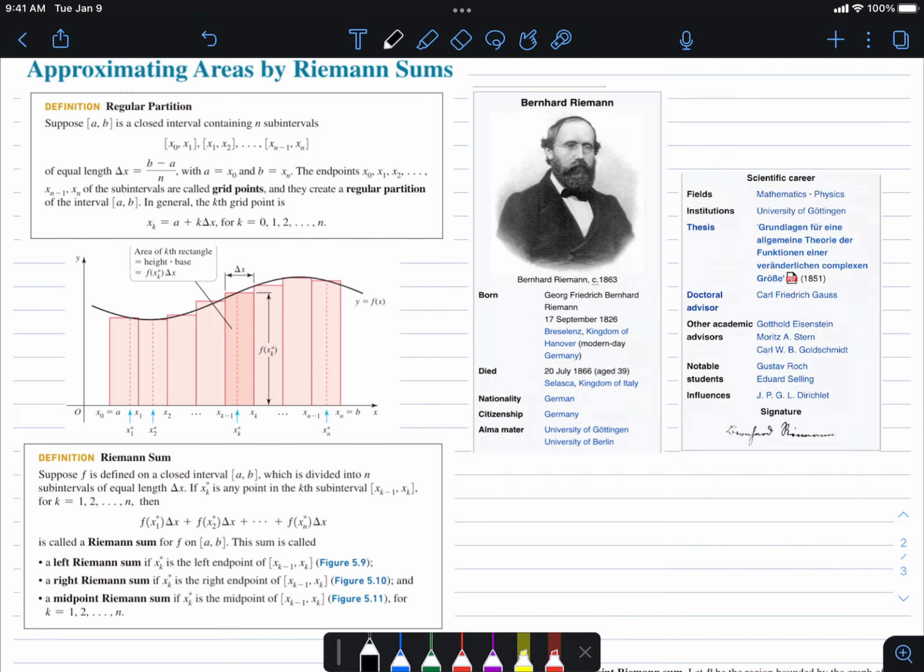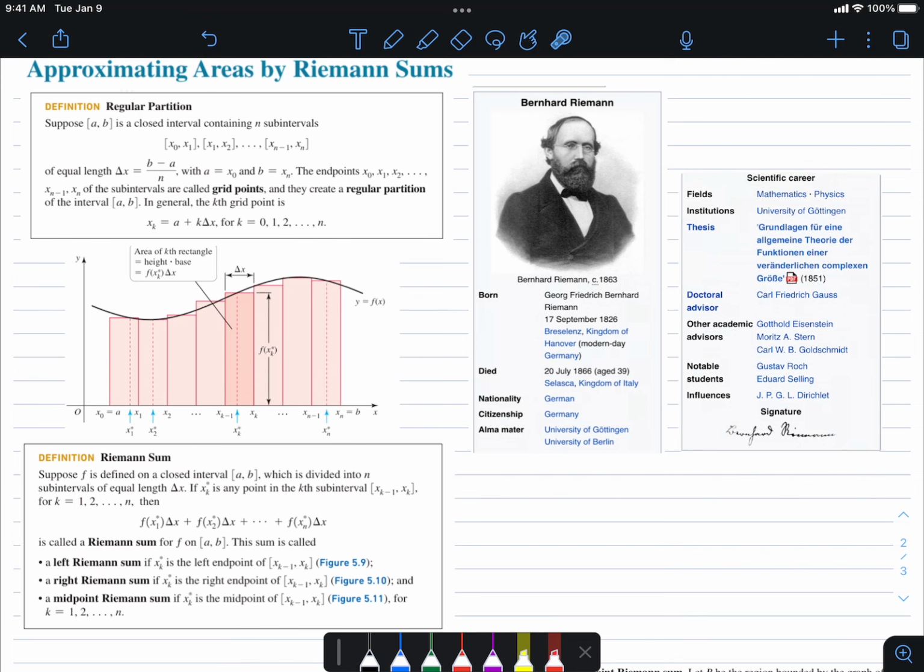So the process we used to calculate the area under the curve for the velocity curve can be generalized in what we call a Riemann sum. Whenever we divide a domain of a function, or even an interval, into regular intervals, we call this a regular partition.